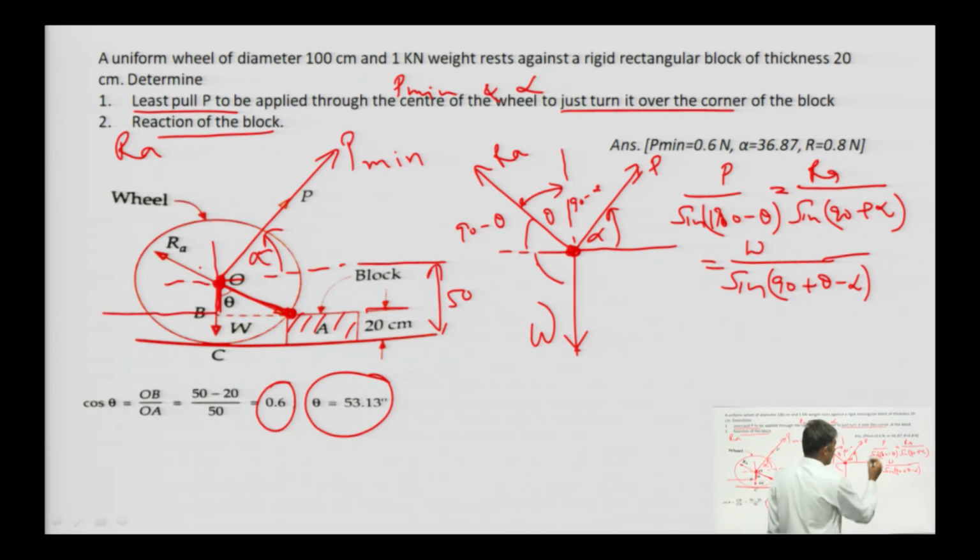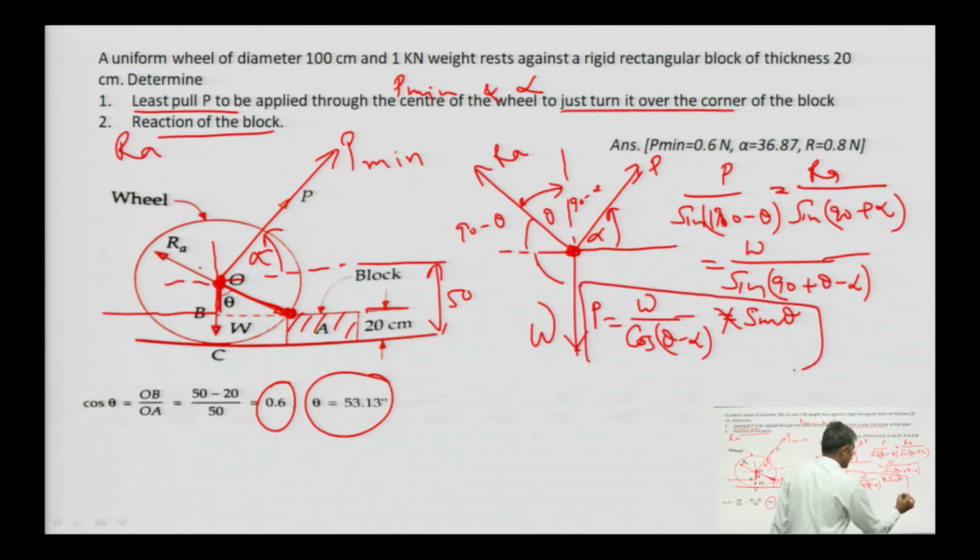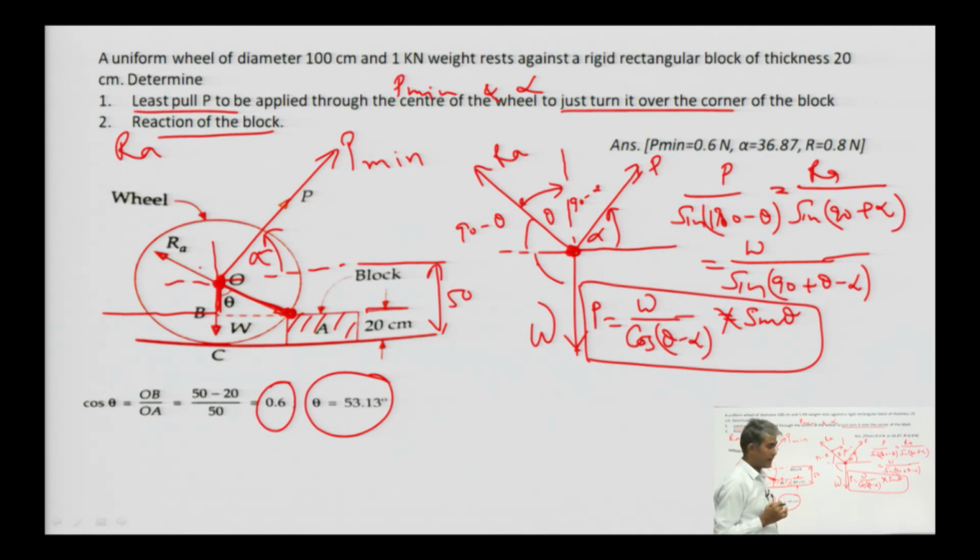Now, with the help of this, what will be the value of P? Value of P will be W upon cos theta minus alpha, multiplied by sin pi minus theta, means sin theta. This will be the value of P. We are getting the value of P. Now, we need to find the minimum value of P. When P will be minimum?